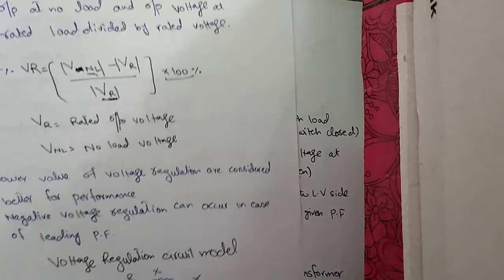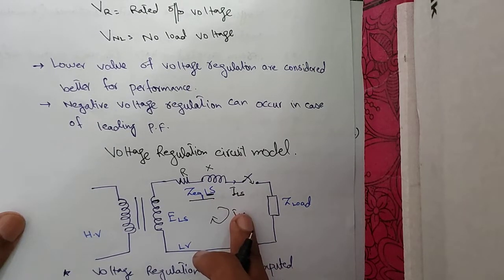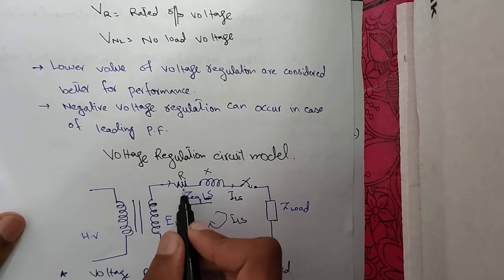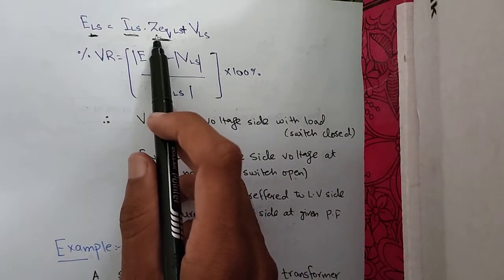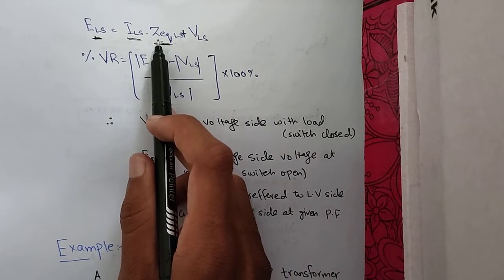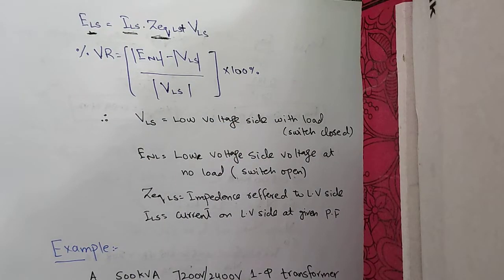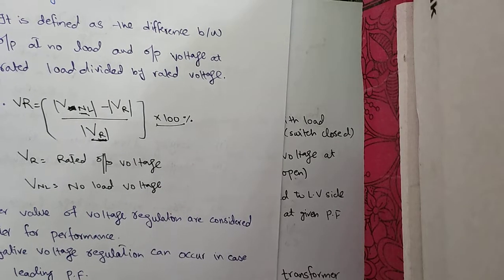ILS is the current flowing in the secondary circuit or the low voltage circuit. When this current passes through this impedance, it will have a drop according to Ohm's law, which is given by ILS multiplied by Z equivalent. What is VLS? VLS is the voltage that is obtained on the load.